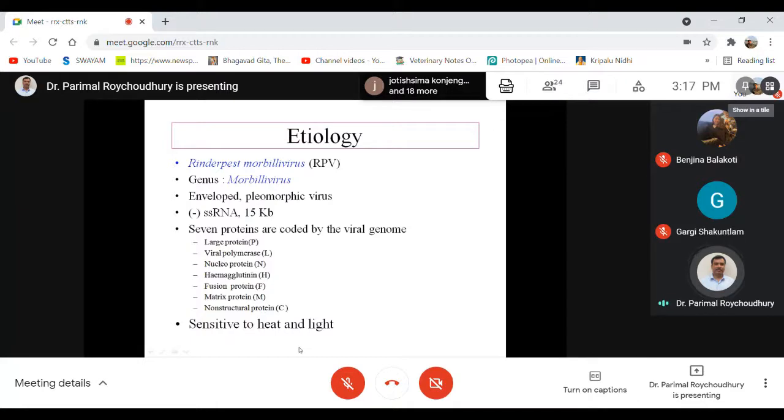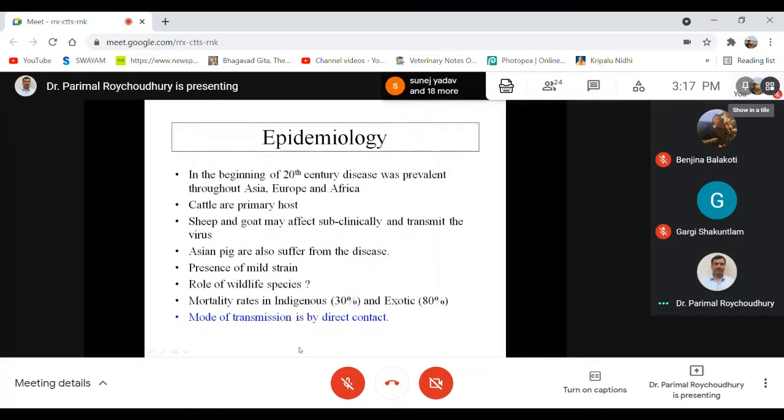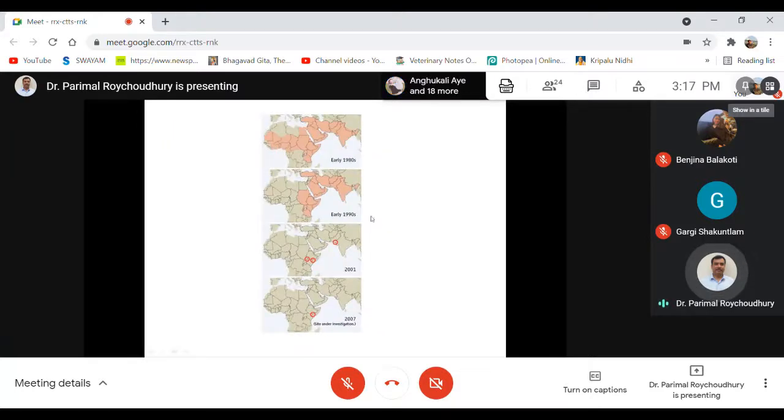This is another highlight. So it was some sort of pictures. This one I'm more interested in. In the 1980s, you can see this area where the disease was prevalent, and out of extensive vaccination and segregation, gradually it came down, and by 2007 the last case was detected, in Ethiopia probably, in this African continent, and after that no more infections could be detected globally.